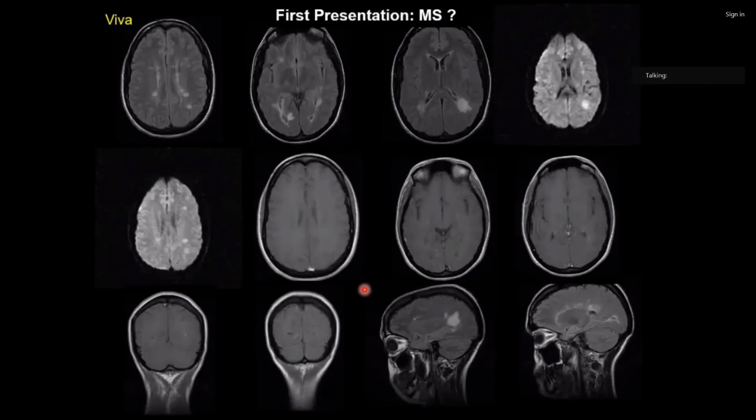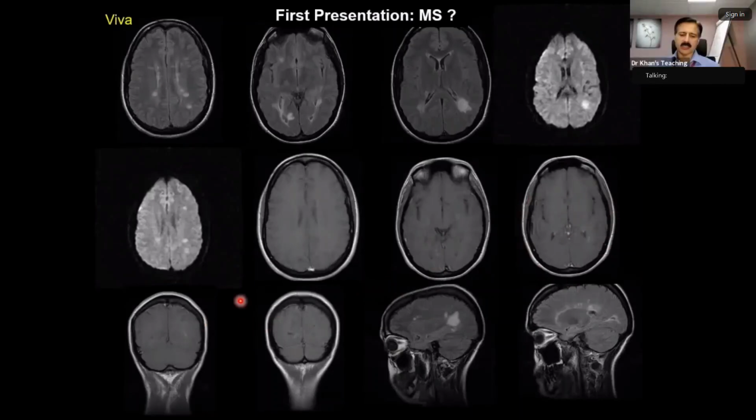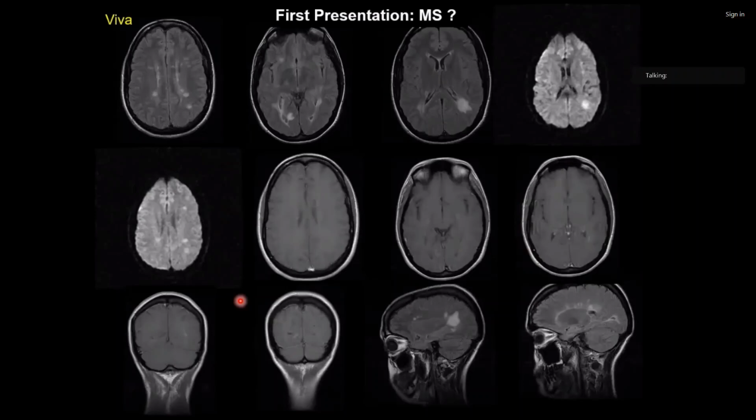Having a look at the sagittal images, there does appear to be involvement of the septocallosal area. I'm trying to see if there's any enhancement. Look at this, this, and this. Any enhancement? I can't see any areas of definite enhancement, no.